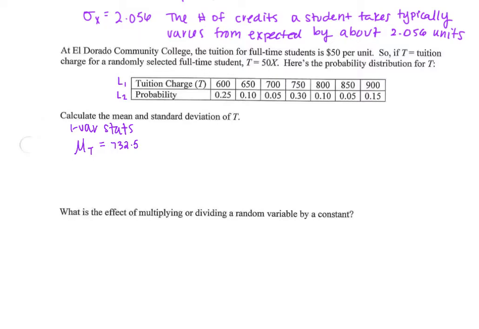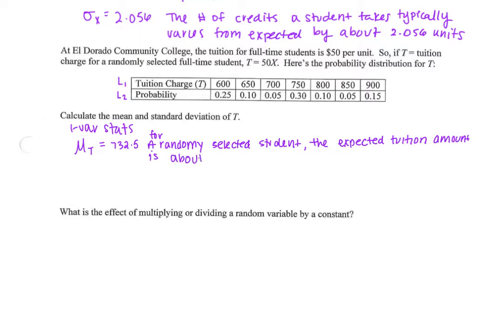So for a randomly selected student, the expected tuition amount is about $732.50.